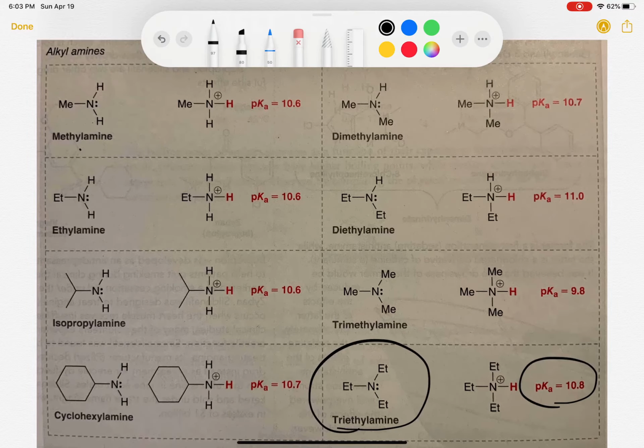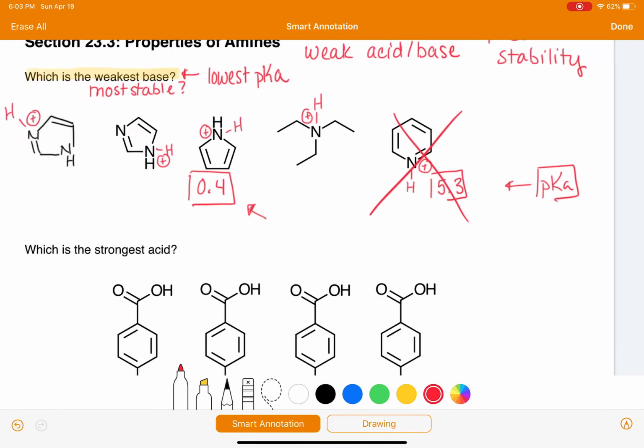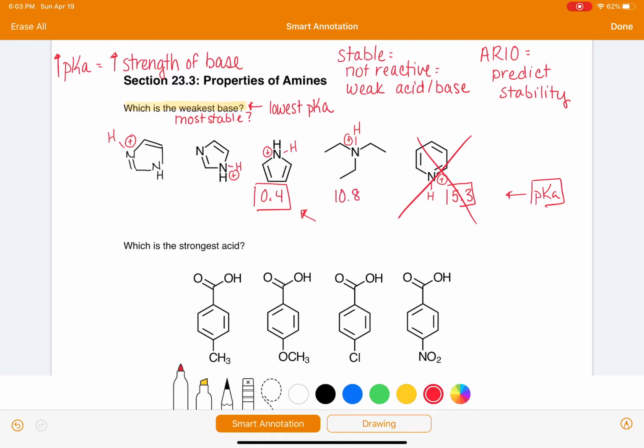So let's put that back on the chart. 10.8 for this guy. So we also know, no for that. So we've got it narrowed down to just these two right here.